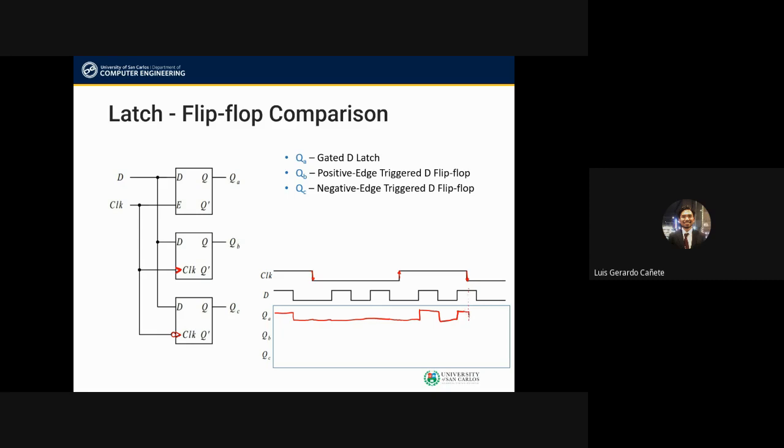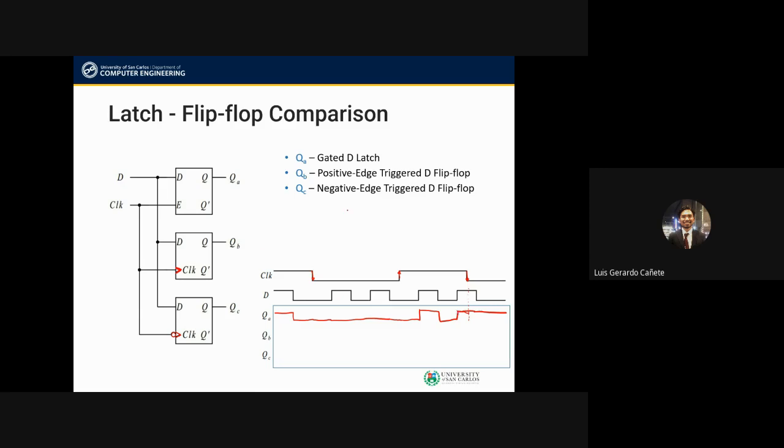So we chop that part. I'm sorry, mistake. So at that point, clock goes back to 0, and we just store whatever value that we had previously. So this is now just 1.